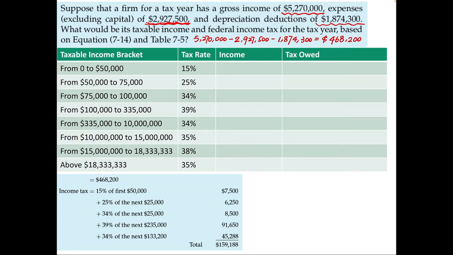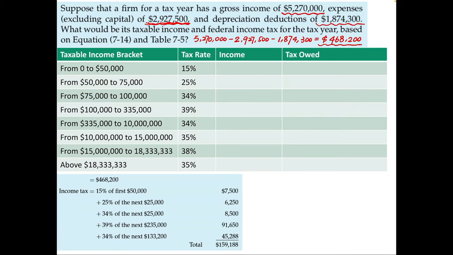And then to calculate the tax, you need to slice this into pieces to fill up this table. What do I mean? So first, the 468,000 is higher than 50,000, and it's also higher than 75,000.